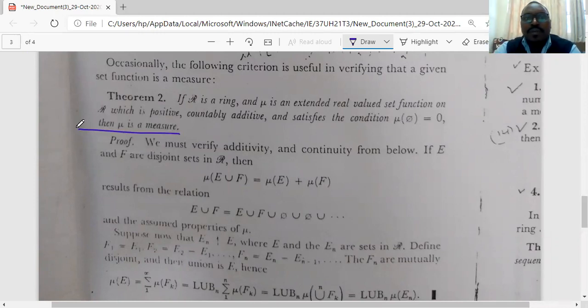We are saying it is countably additive, it is positive, and satisfies this condition, which was condition number 3, not 2. Then it's a measure. So we must verify additivity, countable additivity, and the continuity from below to show that it is the least upper bound. That's the proof for that.